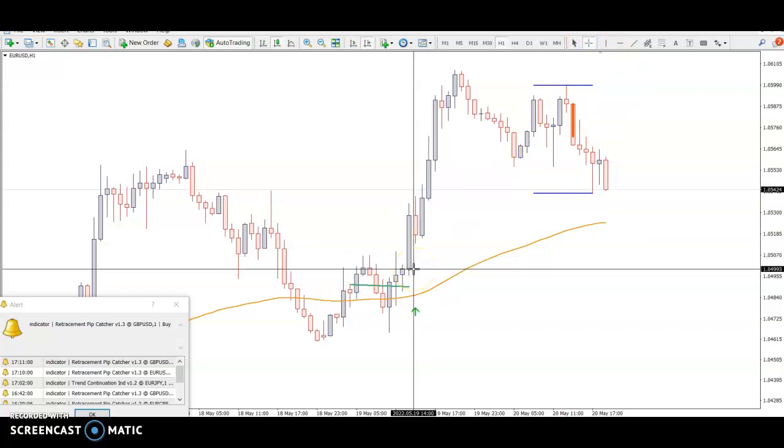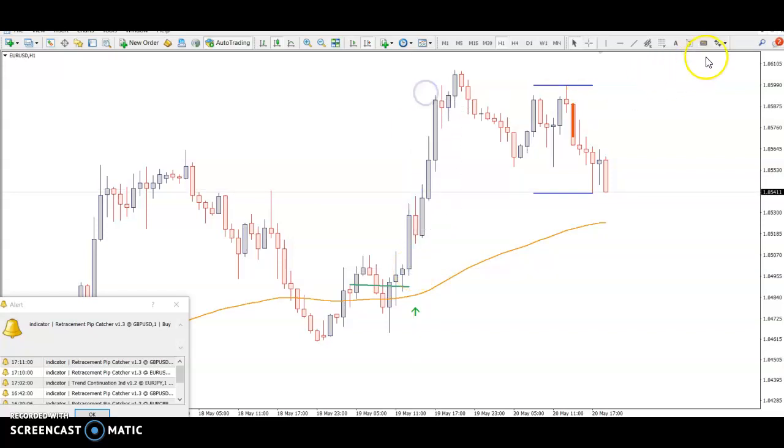If you imagine, for example, that this candle was this big, particularly if we're on M1, that is probably a news event that's caused such a big move. And if it was a news event, it's going to retrace, and you're not going to get a new trend formation, which is what this indicator is really about.